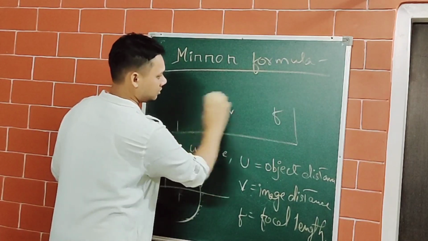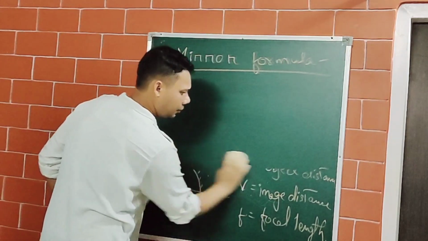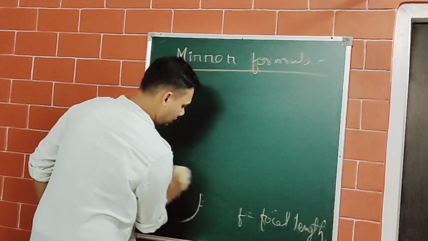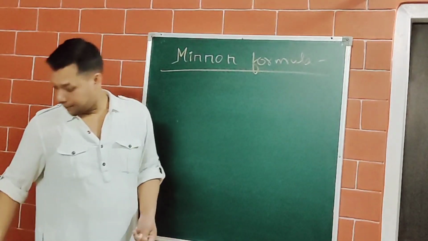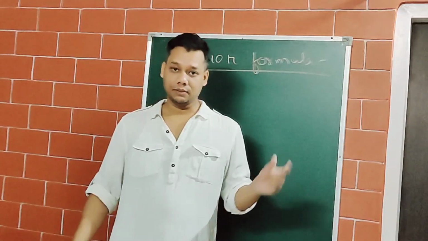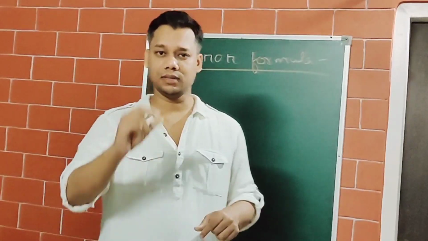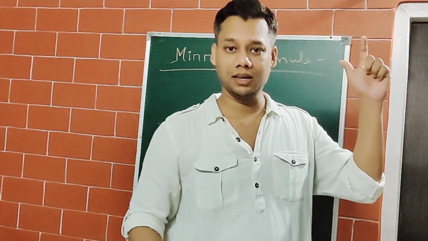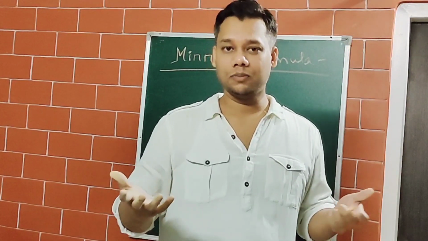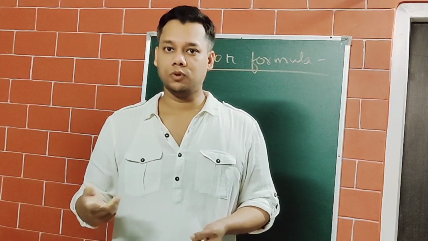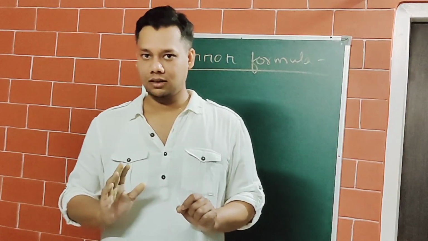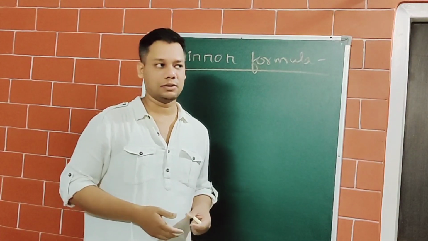Next, magnification. In the ray diagrams we have seen that sometimes the image formed is point size, sometimes smaller, sometimes bigger. So the size of the image is magnified in different ways, positively or negatively, or we can say diminished also.